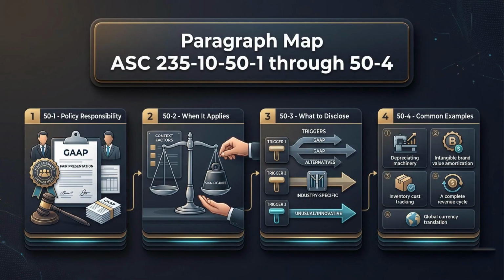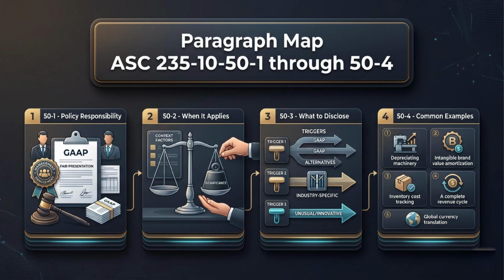Now let us map the key disclosure paragraphs. ASC 235-10-50-1 gives the policy responsibility idea. Management is responsible for adopting accounting policies that conform to GAAP and result in fair presentation. ASC 235-10-50-2 explains when the disclosure requirement applies.